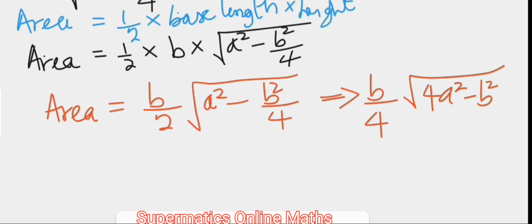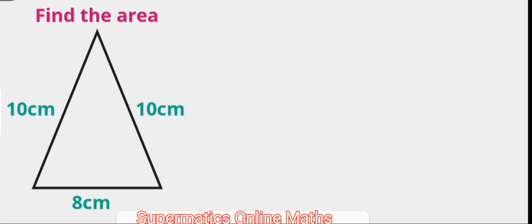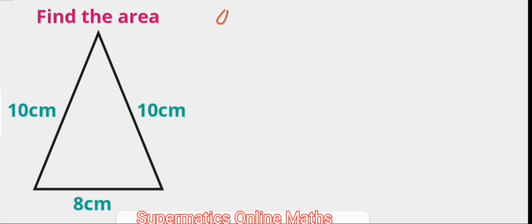Now we're going to apply this in an example to show how to use it to calculate the area of an isosceles triangle. To find the area of this isosceles triangle, the equal sides A are 10 centimeters, while the base side B is 8 centimeters.